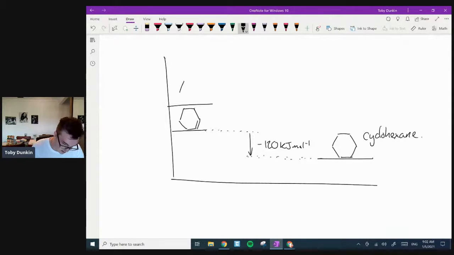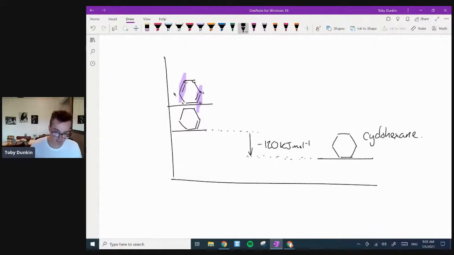Then we're going to do cyclohexa-1,4-diene. So notice 1, 2, 3, 4. At this point, we have no delocalization because the double bonds are too far apart. We know that these double bonds here are separated by a carbon in the gap.